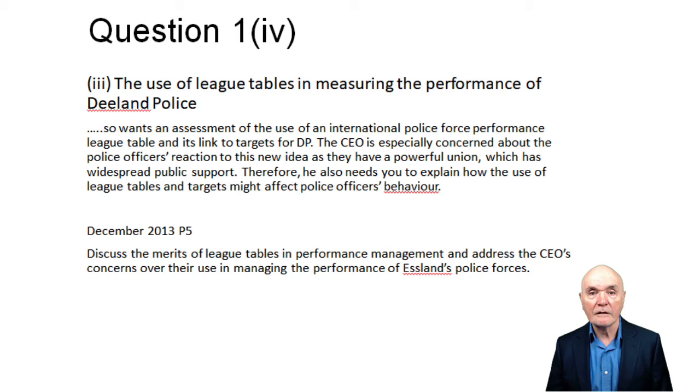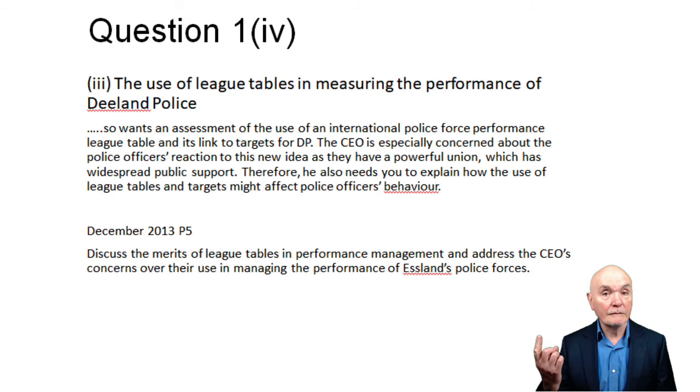So if you're looking at the number of crimes solved, it might be relatively easy to solve, let's say, 20 small crimes, and difficult to solve the one very serious murder.